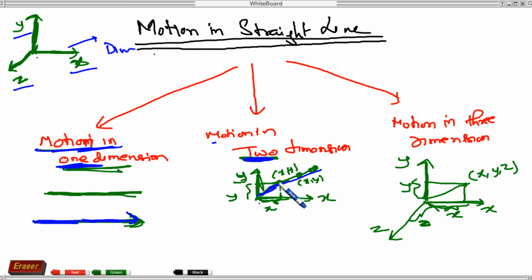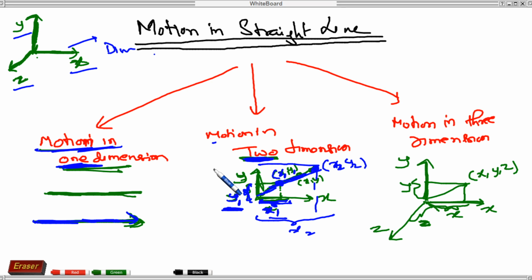At some point the coordinates are x1 and y1, which means it traveled distance x1 toward the x-axis and distance y1 toward the y-axis. If the coordinates are x2, y2, then in the x-axis it traveled distance x2, and in the y-axis distance y2. So we are considering only two dimensions.